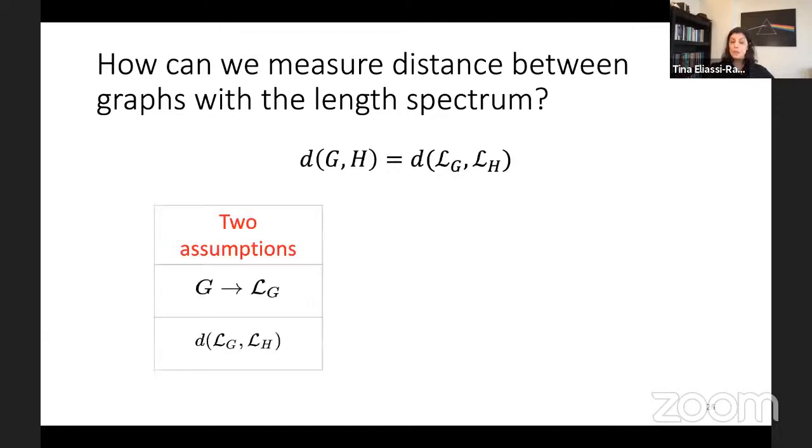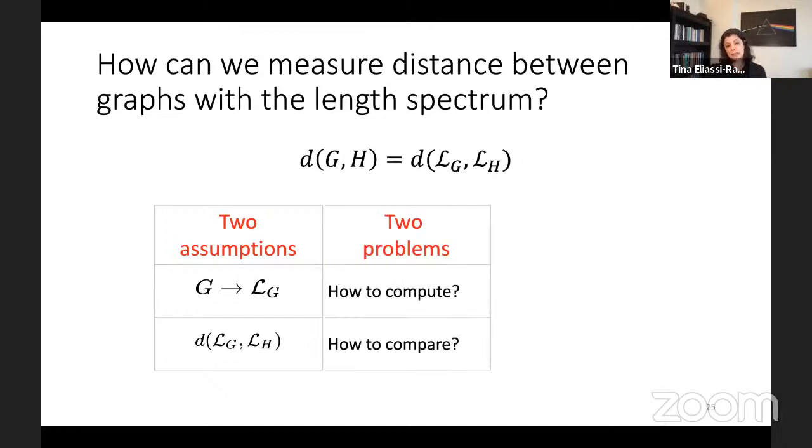So one assumption is, given a graph, I can actually find its length spectrum. Finding all non-backtracking cycles in a graph is not easy. And the distances between the length spectra of two graphs should be meaningful and useful for some tasks. So I have these two problems: how to compute the length spectra and how to compare them.